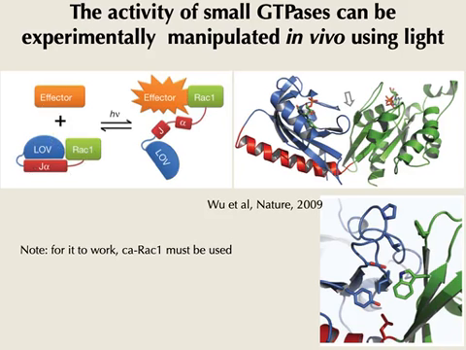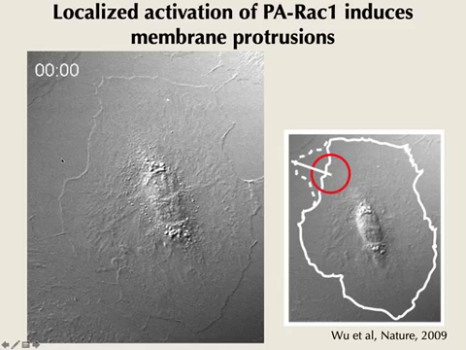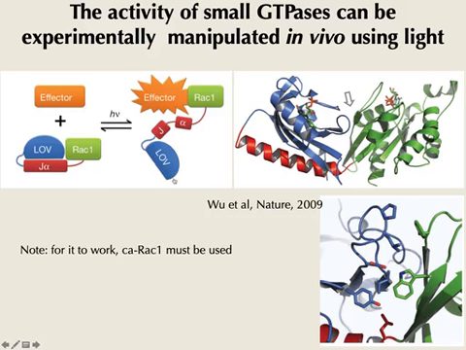It doesn't exist in the wild, but this Rac protein has been attached to two domains from a plant protein, which basically interact with each other, and somehow it folds onto itself. In other words, it's auto-inhibited. Okay, so the presence of these domains, of this LOV domain, inhibits Rac activity.